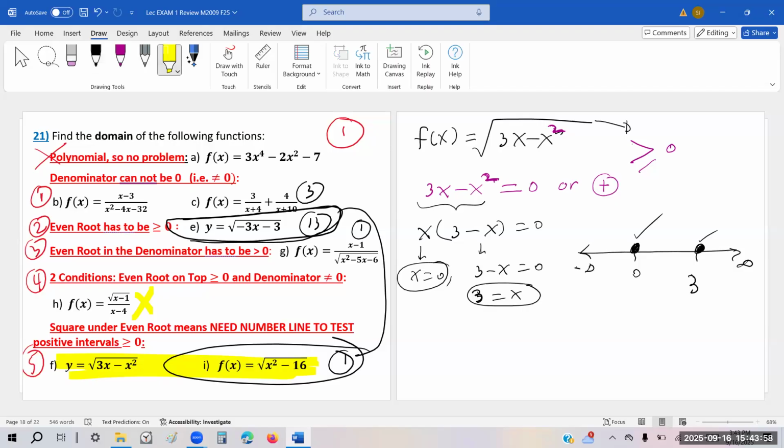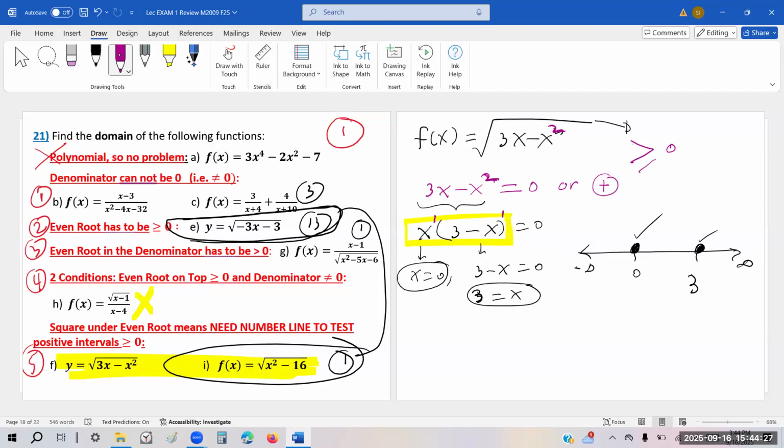If you look at the two factors we have, each factor has what degree? What's the power? 1. Invisible 1 here, invisible 1 here. That means they have odd power. Do you remember what happens when you have odd powers? Do you need to find each interval? You can find only one interval and the sign will alternate. So you can find the left or the right or the middle, it doesn't matter.